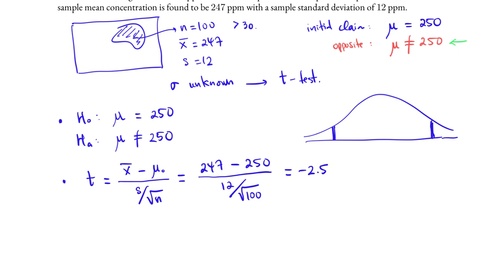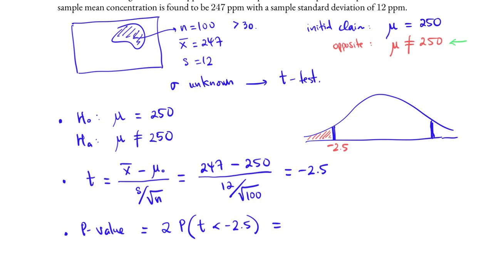Because the t value is negative, we indicate on the graph that the left hand side is negative 2.5, and we're looking for the area on the left hand side to obtain the p-value. But since this is the two-tailed test, the p-value is twice the probability of t on the left of negative 2.5.